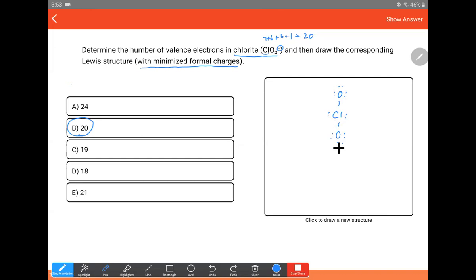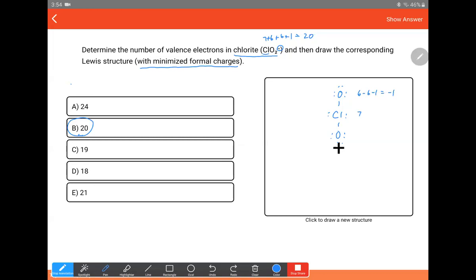Now let's do formal charges. Remember, formal charges we want to be 0 if possible. Otherwise, if there's a negative, you want a negative to be on the more electronegative atom and a positive on the less electronegative atom. So let's see. So we have 6 minus 1. So that's -1.